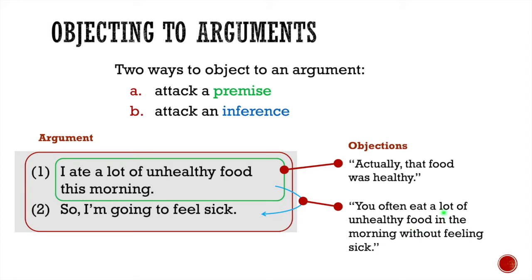So this objection is basically saying, well, even if it's true that you ate a lot of unhealthy food this morning, let's assume that that's true, it still doesn't mean that you're going to feel sick today. After all, many times you have had unhealthy food in the morning, and you didn't feel sick. So that's a way of attacking the inference rather than the premise.